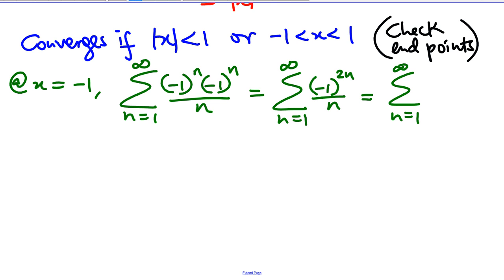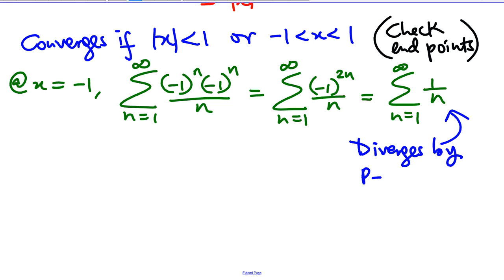Negative 1 to any even power is just 1, so this will be 1 over n. And we know that this is a harmonic series, which diverges by the p-series test.